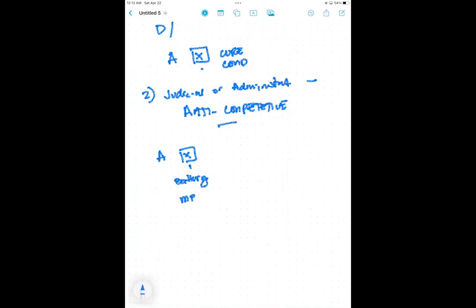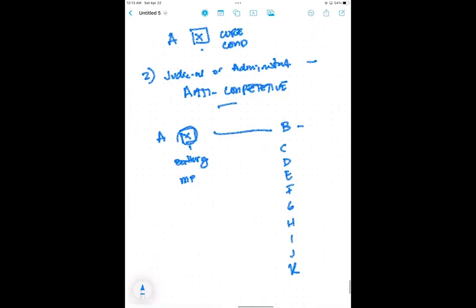So, A was given a patent for this invention. So A entered into an exclusive contract with B, who is a seller of mobile phones. But there are other mobile phone sellers, C, D, E, F, G, H, I, J, K, etc. So, anong nangyari dito? Exclusive lang kay B yung produkto ni A.